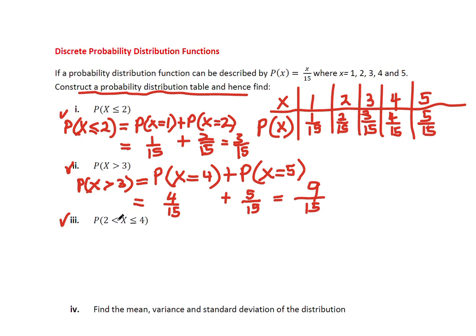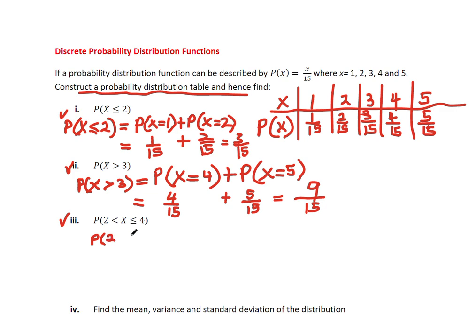So let's say that again. This is asking: what is the probability that x can be a value falling in the range between 2 and 4, not including 2, but including 4? So let's see what that includes here.